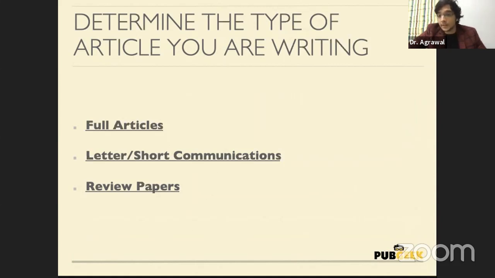One place where this has become really common these days is because of COVID, and you'll see a lot of letters or short communications to the journal editor being sent and published in JAMA and NEJM, simply because they haven't had the time to sit and make a proper article, but because they have found, okay, say remdesivir or a particular drug or a particular position, prone or something that they've used in ventilation, is really proving to decrease the mortality of patients with COVID, then they submit these short communications so that people around the world know that this is what's being done in this particular place, and you may follow it if you feel like what they're saying makes sense, right?